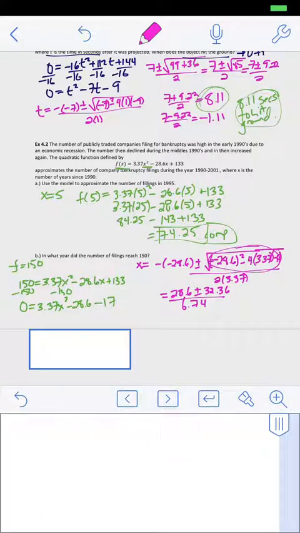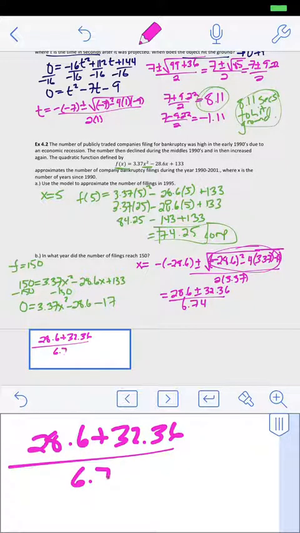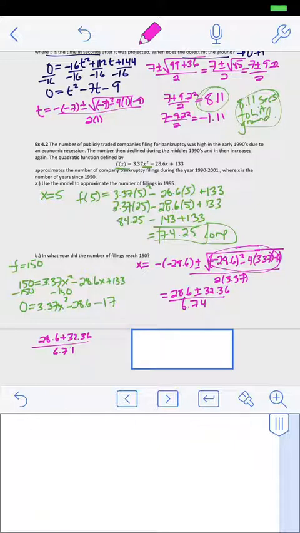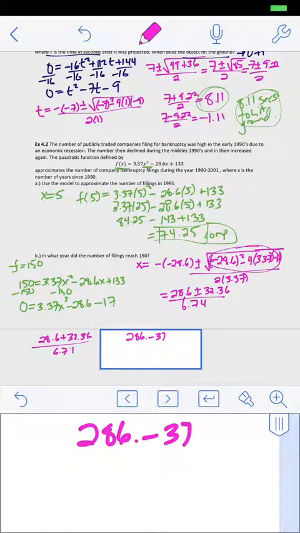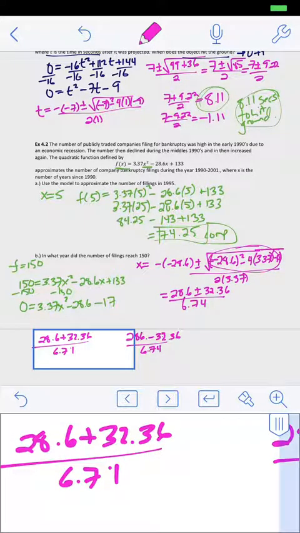I've got, let's go down here, 28.6 plus 32.36 over 6.74. And I've got 28.6 minus 32.36 over 6.74. Big comma there.